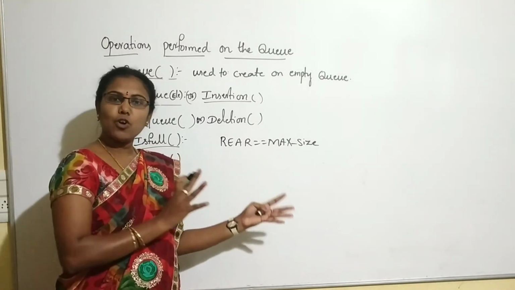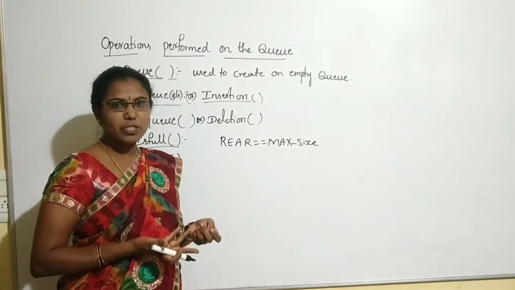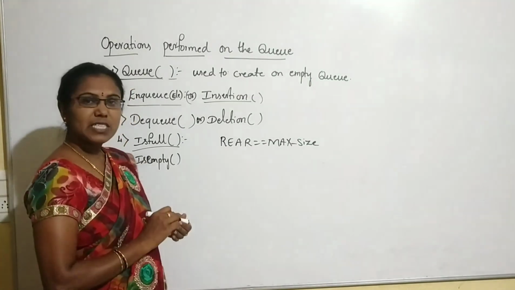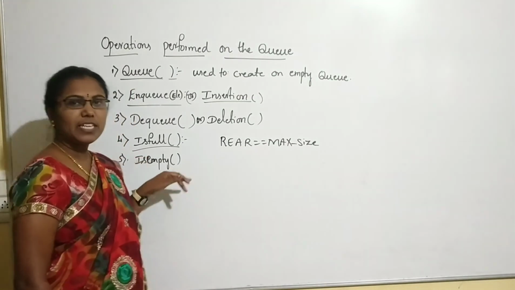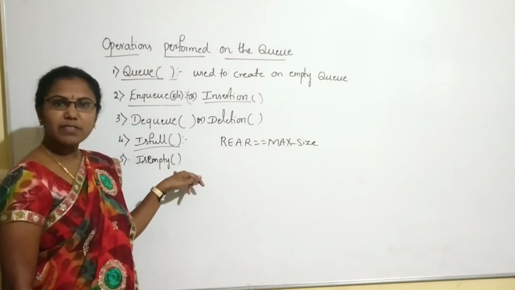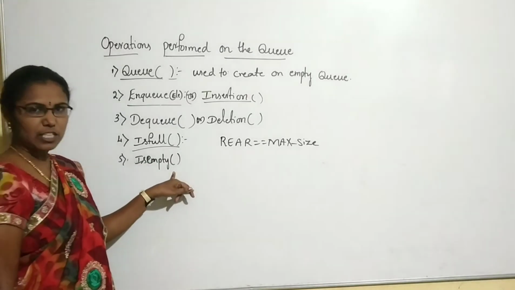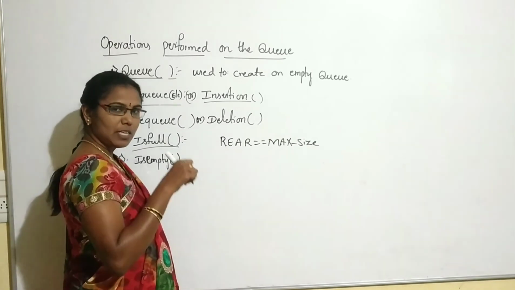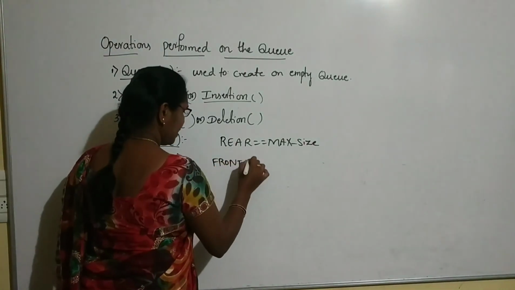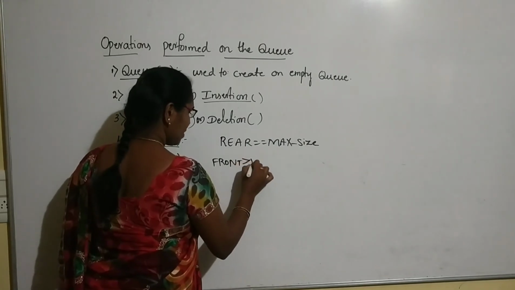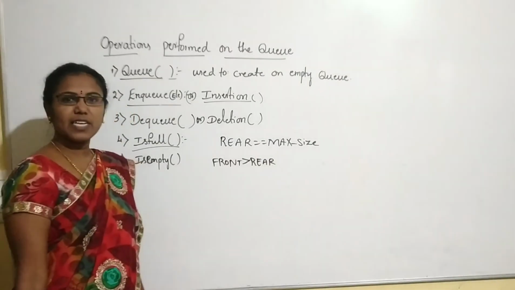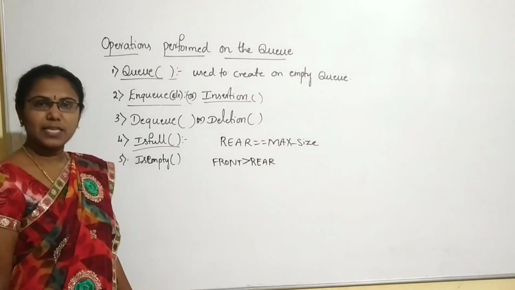If the elements are not there, how can we perform deletion? It is not possible. That's why we check with the is empty function. When the front value is greater than the rear value, the queue is empty.